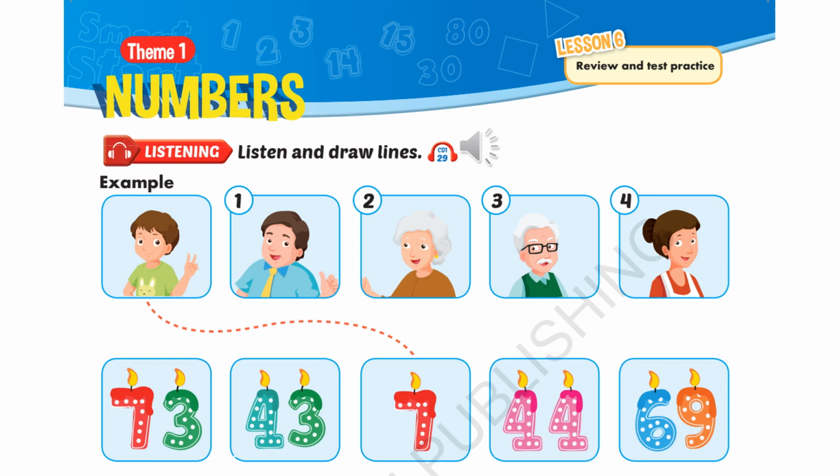He's 69 years old. How old? He's 69. 4. Who's she? She's Tom's mom. She's Anne. How old is she? She's 43 years old. 43? Yep, that's right. Now listen again.